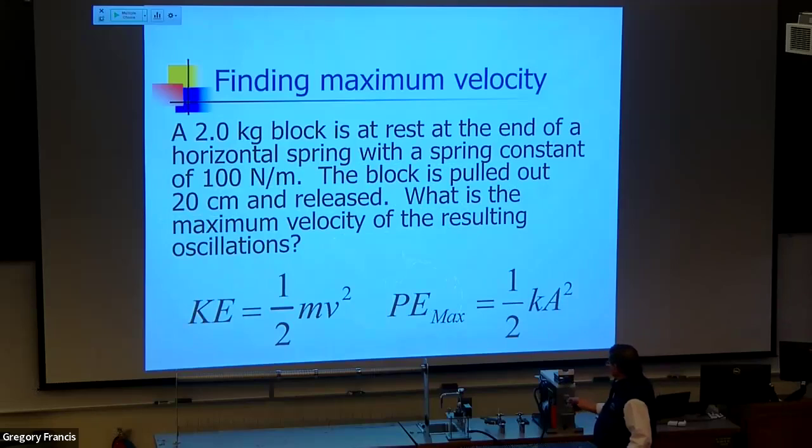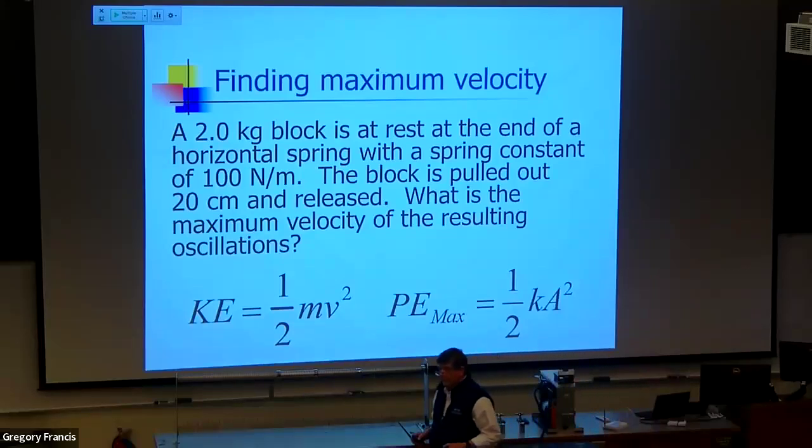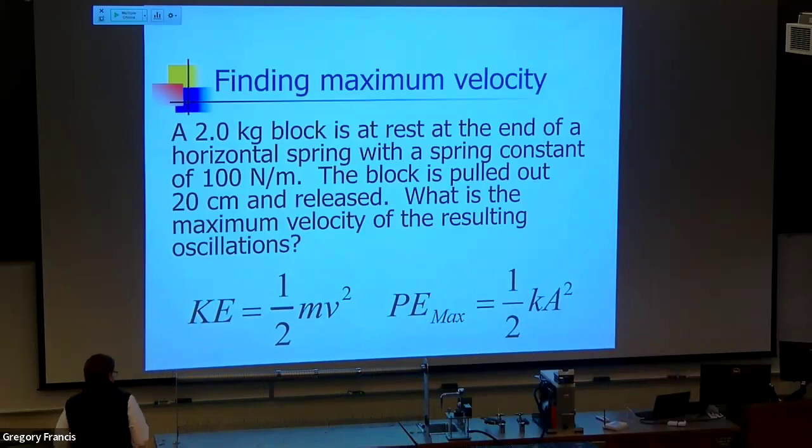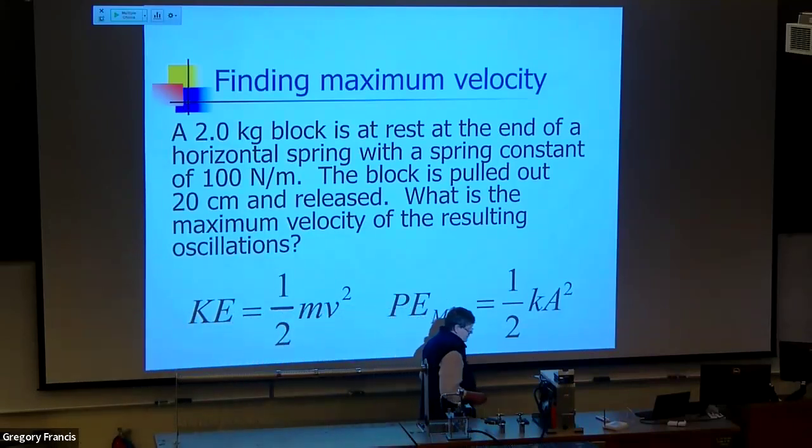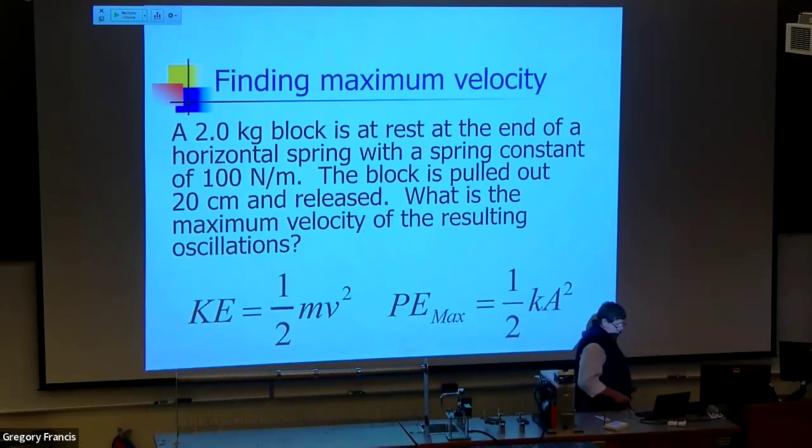The maximum potential energy is 1/2 Ka squared. Kinetic energy, we've known that for more than a month, 1/2 mv squared. With your neighbor, figure out what that is. What's the maximum velocity that this thing will travel?